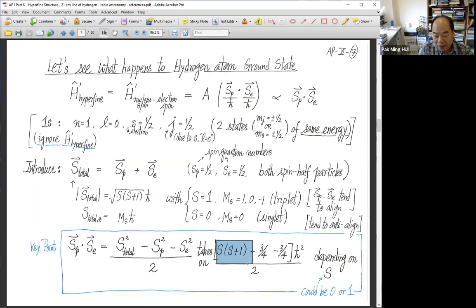You plug S equals 0 into it, it is 0, therefore you have some number, and you plug S equals 1, this is 2, this S plus S times S plus 1, therefore it will give you another number, a bigger number. So you see there will be a splitting of the energy due to this nucleus spin and electron spin coupling.